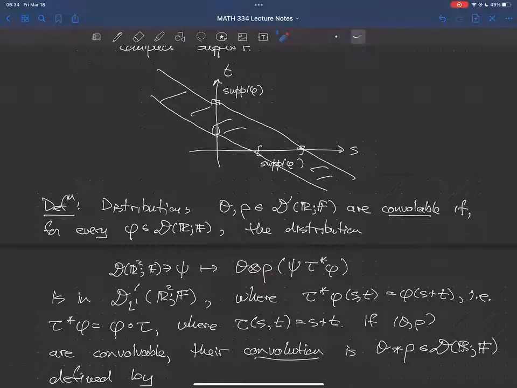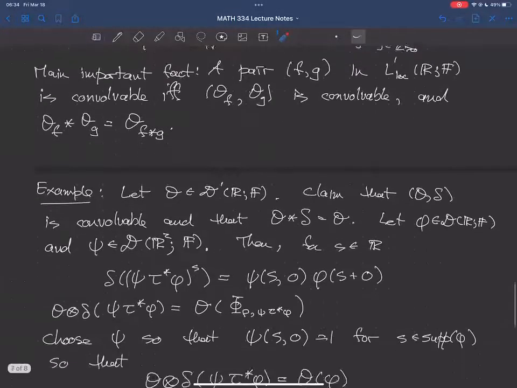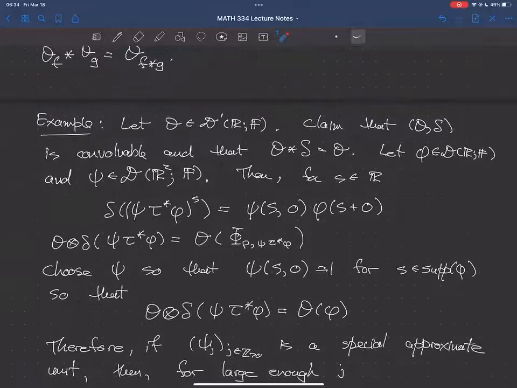Okay, so the point of that messy discussion is that this pair is always convolvable, for any theta, and that the convolution acts as an identity. Now this does not mean that this is a nice ring with a unit, right?